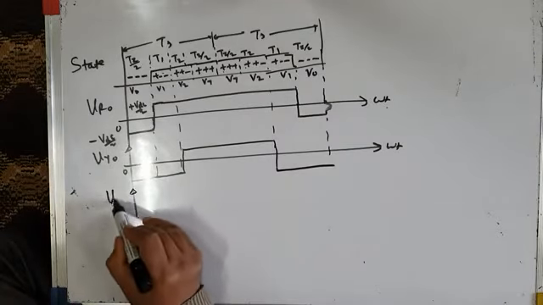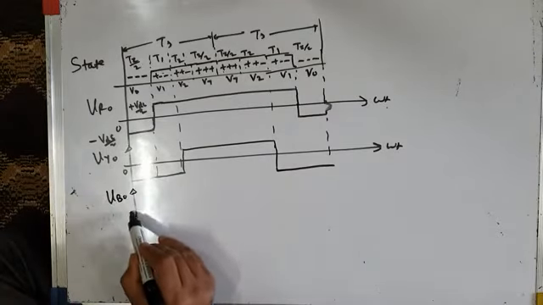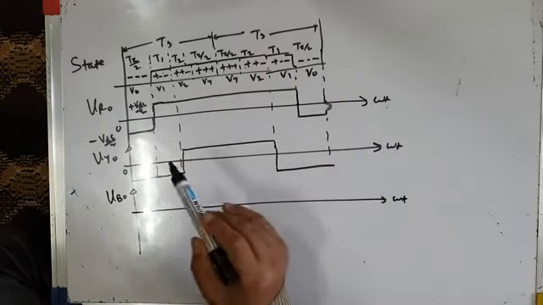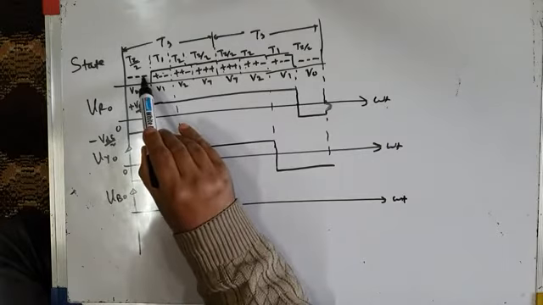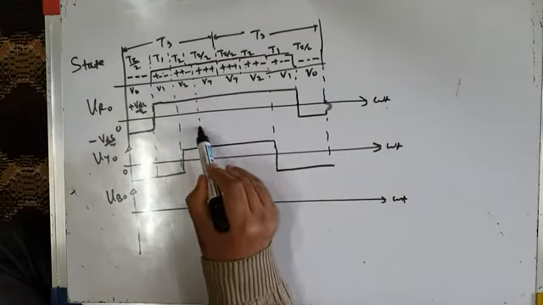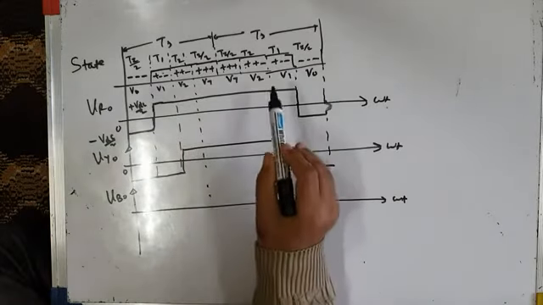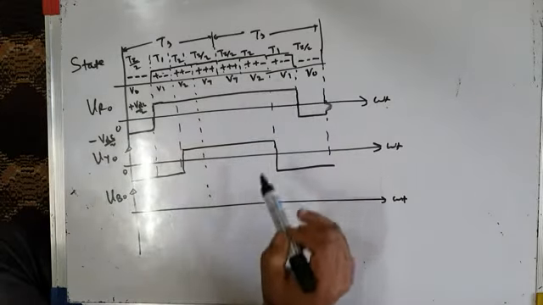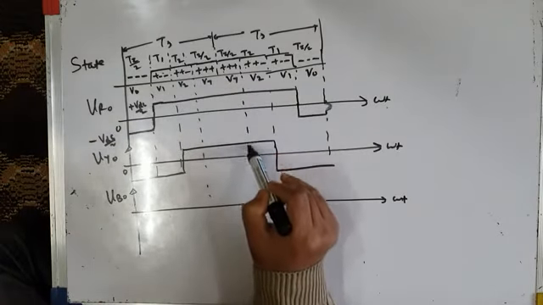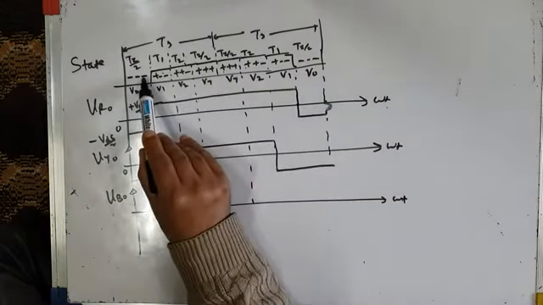Similarly, we can draw pole voltage VBO. B, it's minus, minus, minus. For 3 time intervals, it is minus, minus, minus. Minus, minus, minus means the bottom switch of phase leg B is on.